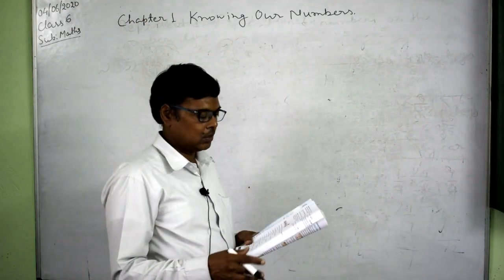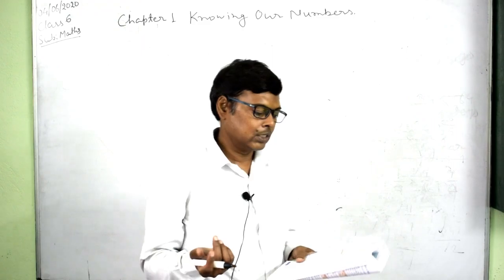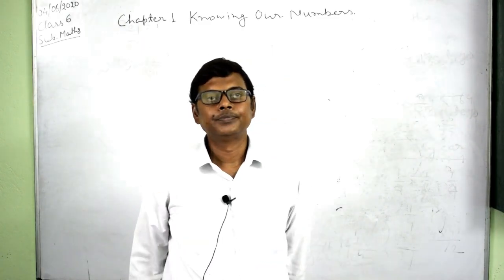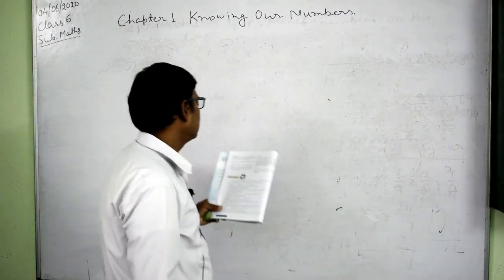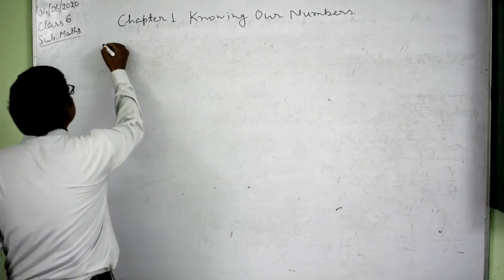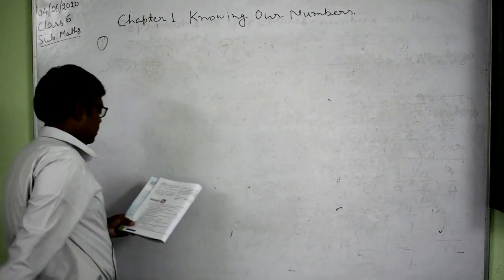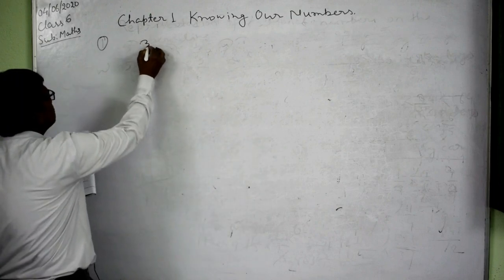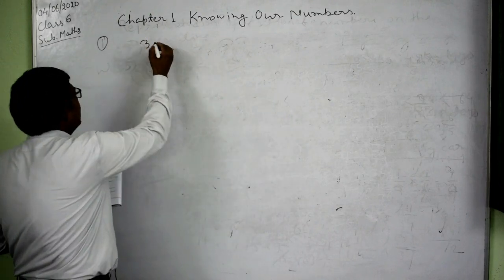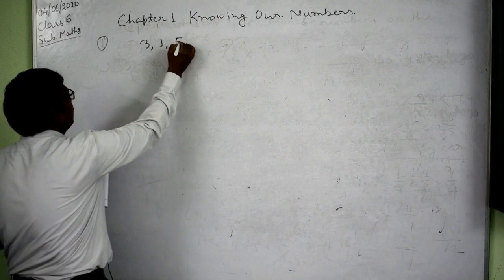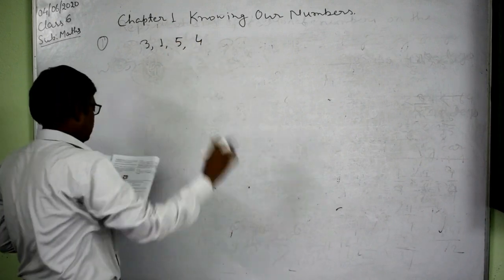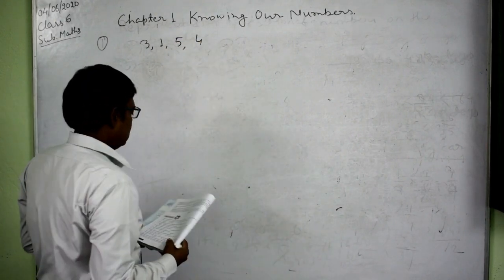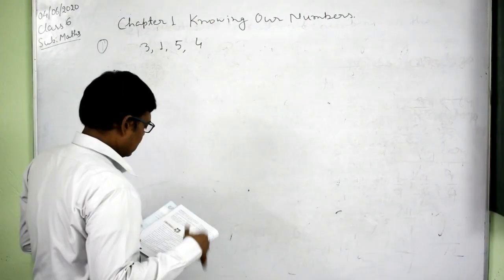Here you are given the condition that we will not repeat the digits. You are given the digits 3, 1, 5 and 4, and you have to form the largest 4-digit number.